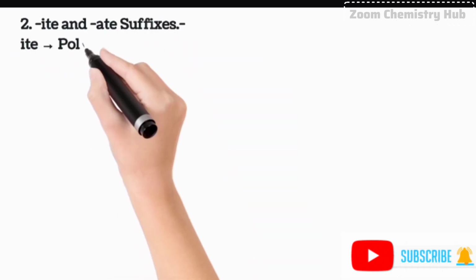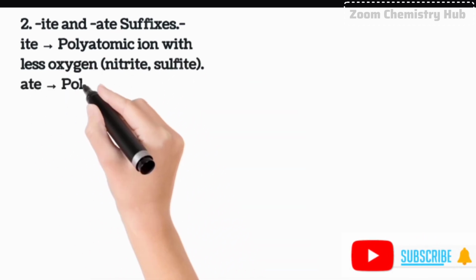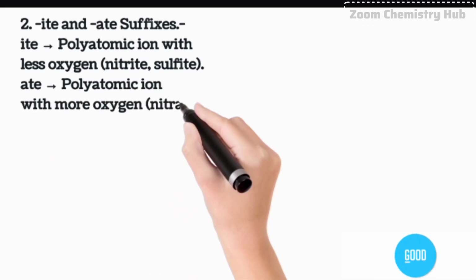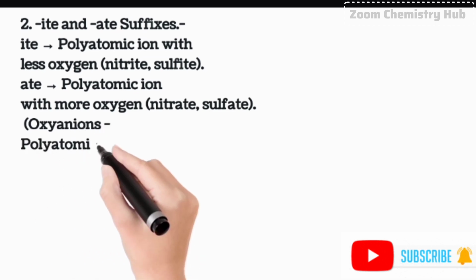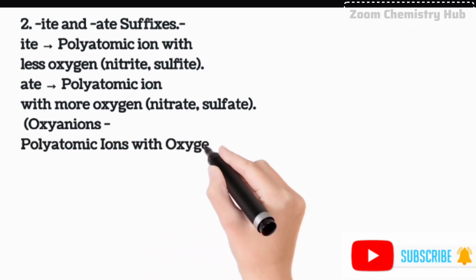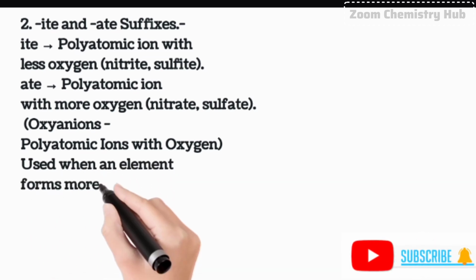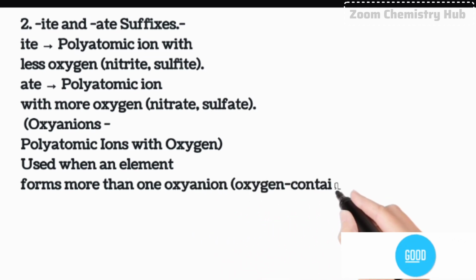Now we will take the ITE and ATE suffixes. The ITE suffix is used for polyatomic ions with less oxygen, such as nitrite and sulphite, and the ATE suffix is used for polyatomic ions with more oxygen, such as nitrate and sulphate.